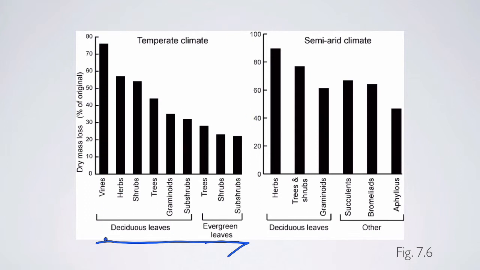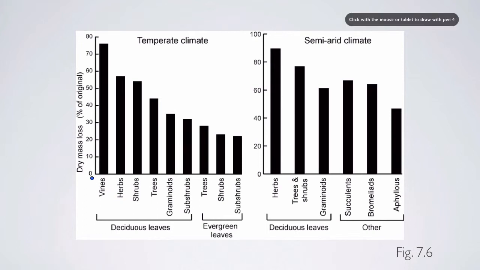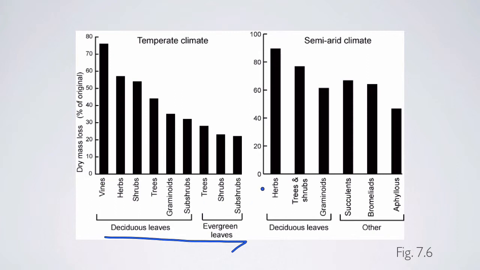So here we have leaves along a fertility gradient in a temperate climate, and here a semi-arid climate. Looking at the temperate climate, as we go along this fertility gradient, for species that dominate high fertility sites to low fertility sites, the dry mass loss decreases for a given amount of time. So dry mass loss means the amount of dry matter that's lost in a given amount of time.